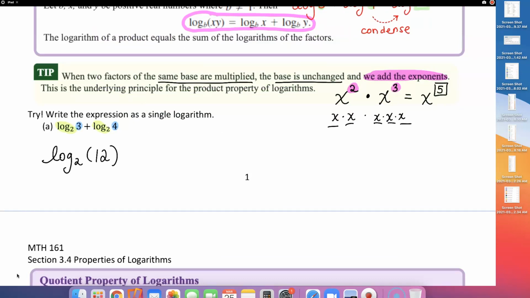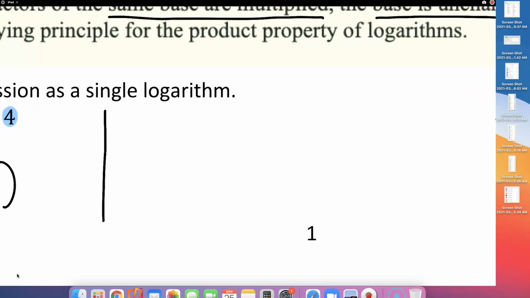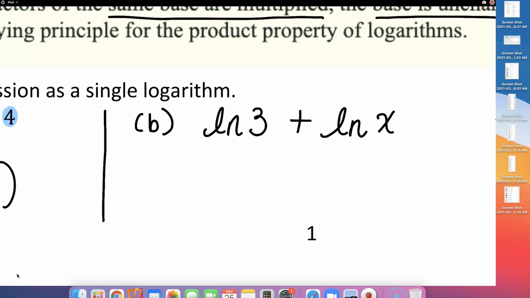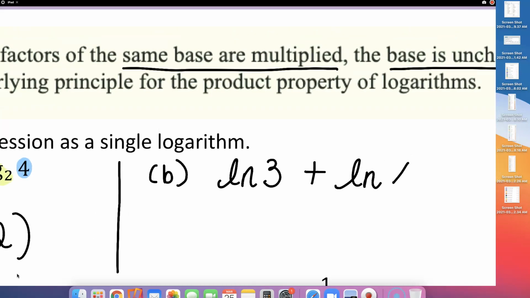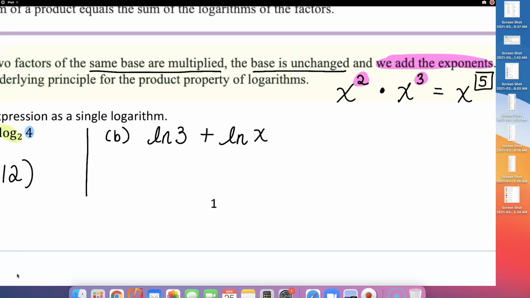That's an example of us just looking at a sum of 2 logs, but you may have a sum of 3 logs too. That's okay. So what if you have, let me make up an example, B. You have natural log of 3 plus natural log of x plus natural log of y. Say that you have this. First of all, they are all natural log, right?